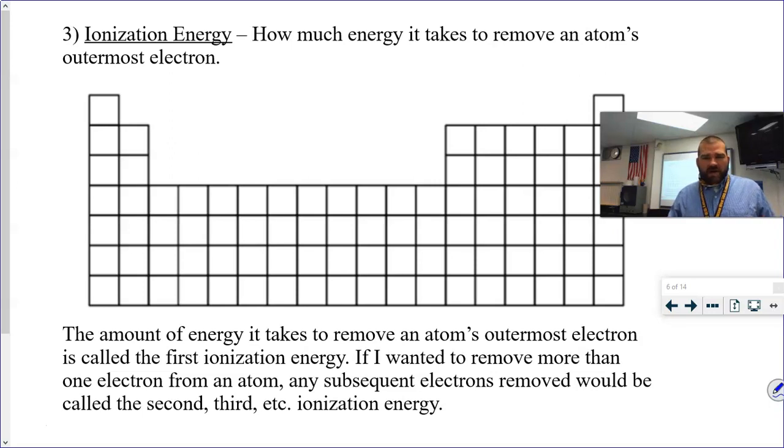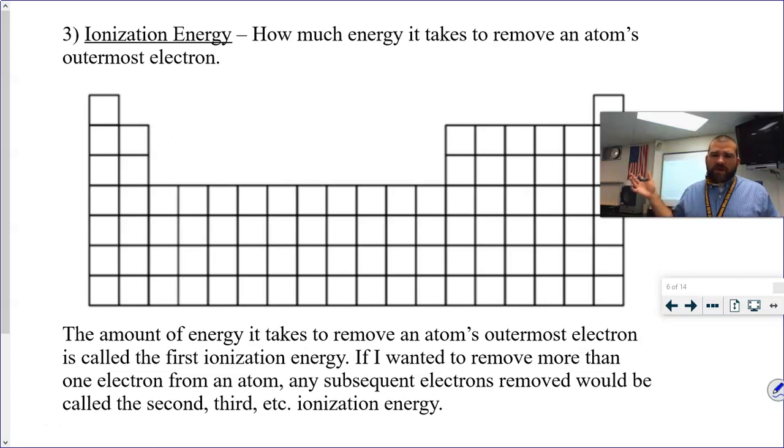Why would it want to do that? It becomes more stable when it has a noble gas electron configuration. Elements are the most stable when they have an electron configuration that matches the noble gases. So the elements on the left-hand side of the periodic table, which are the metals, generally lose electrons to end up at an electron configuration equal to a noble gas.